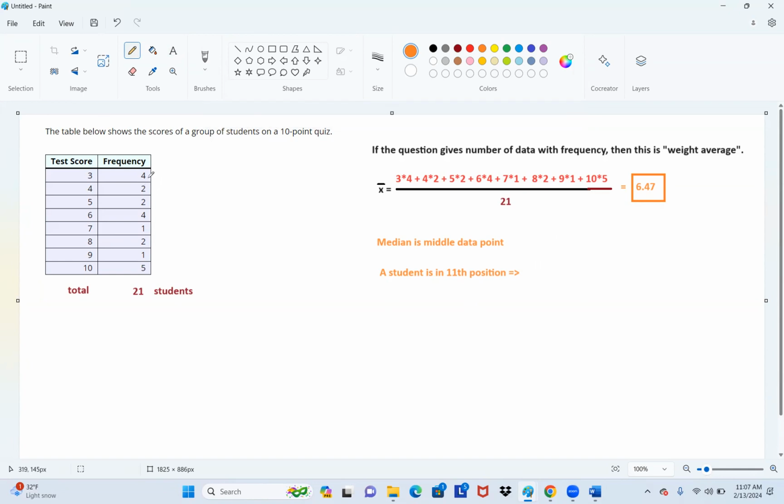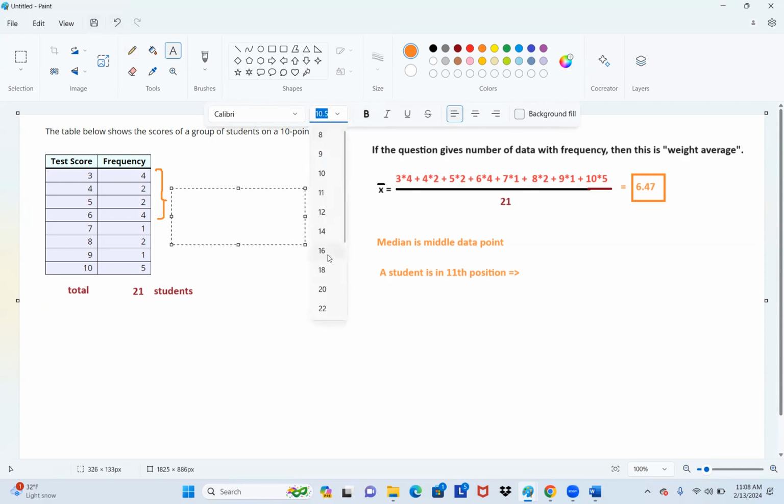So we're going to have 8. So this one is like 8, something like that, right? We're going to look at the first 4, and then we're going to have like 12 students. Correct? So we have like 12 students that have the score between 3 to 6.